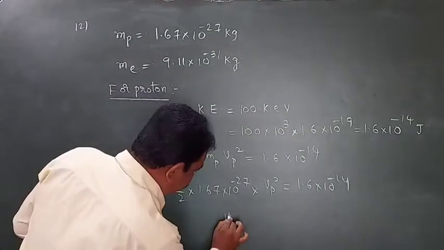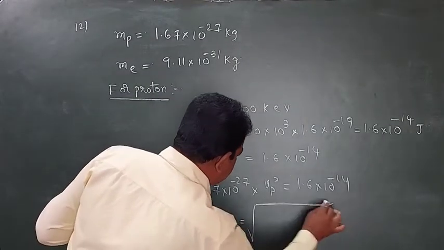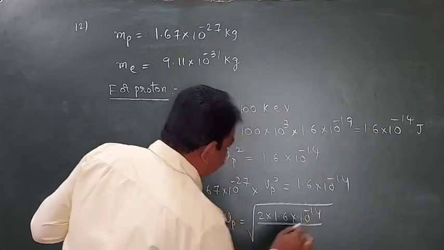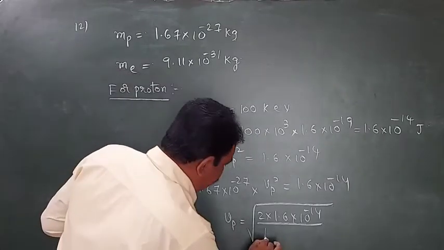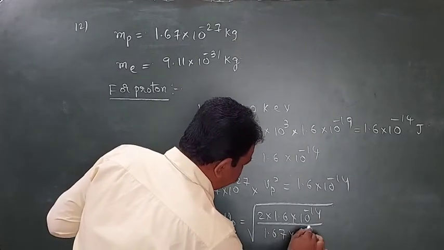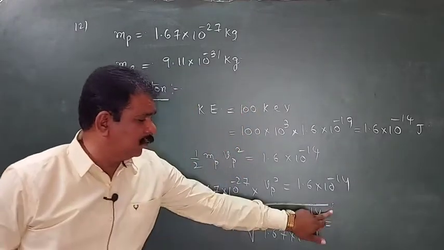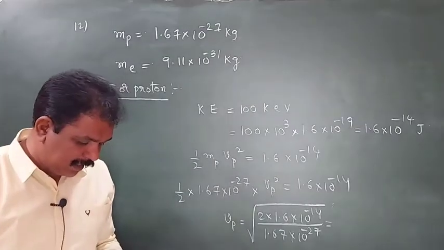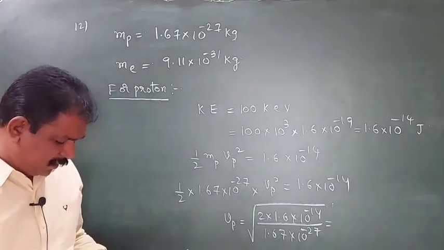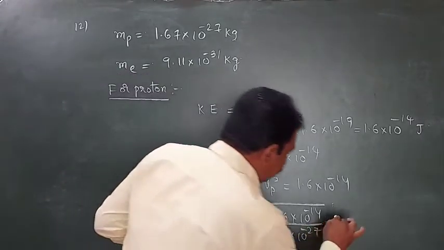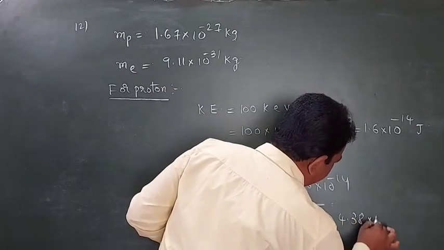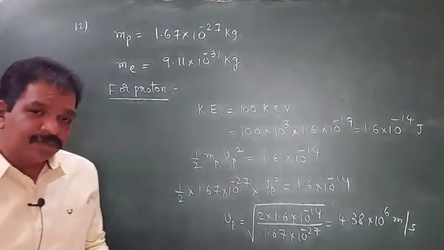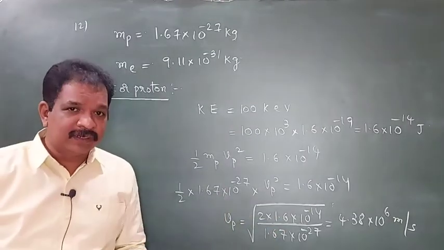If we calculate the V_p value, this is square root of 2 into 1.6 into 10 power minus 14 divided by 1.67 into 10 power minus 27. If we calculate this value, the velocity of the proton is 4.38 into 10 power 6 meter per second. Just do the calculation, you will get that answer.